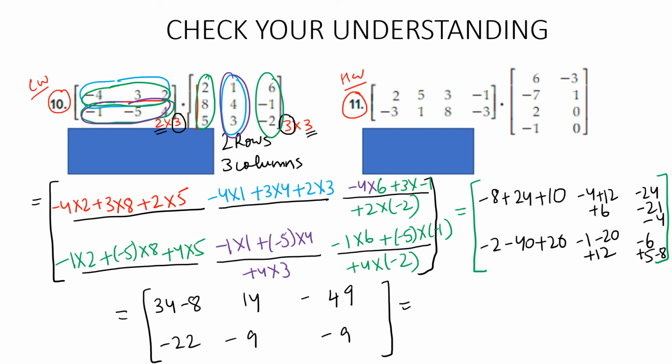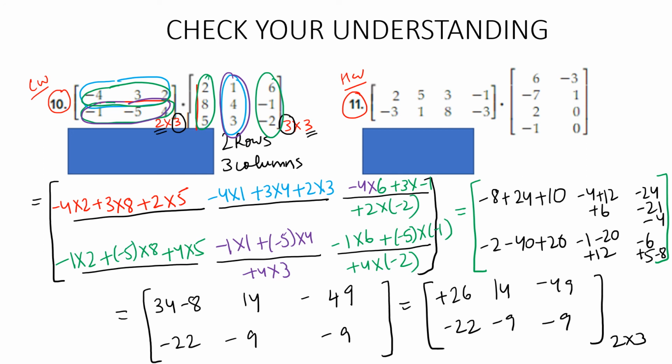So the result finally, the last answer, which is having as we want 2 rows and 3 columns. So this is having the following elements: plus 26, negative 22, 14, negative 9, negative 49, and negative 9. So we have done our final answer. This is how you will get the multiplication matrix.